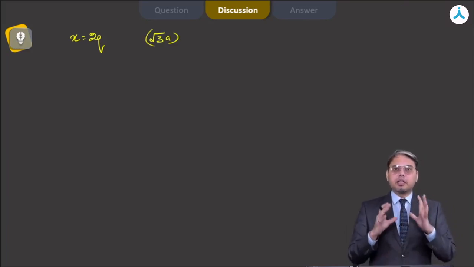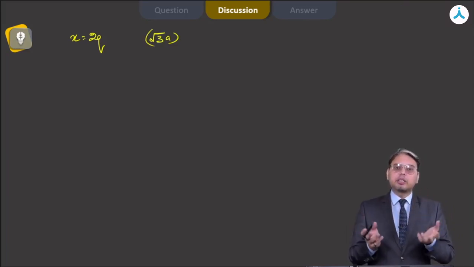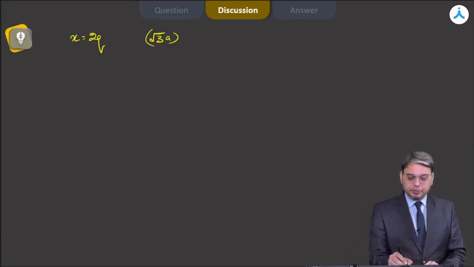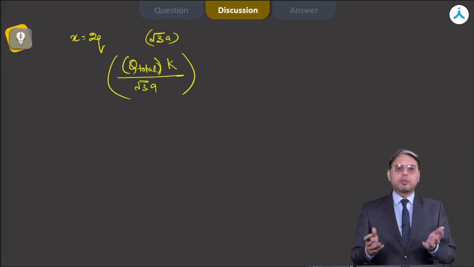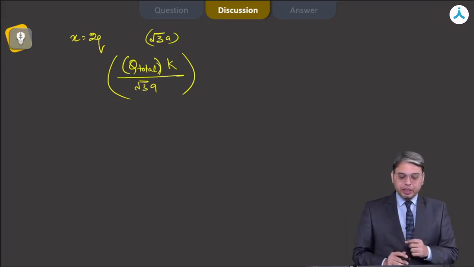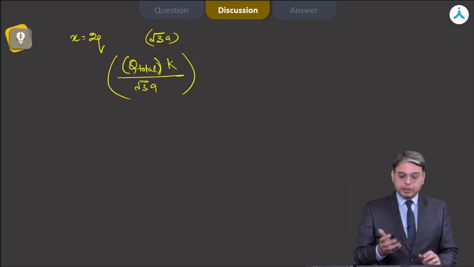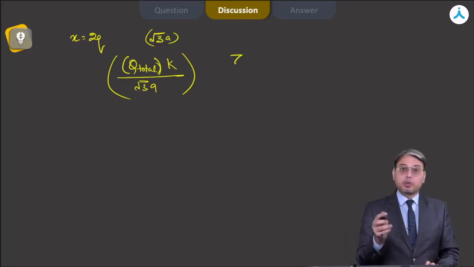So the net electric potential, which is a scalar quantity, at the center O would be the net charge, which I can say Q total, into K upon root 3a. That would give me the value of the net electric potential at the center. The Q total, that is the net charge of this whole configuration, is nothing but 7Q, for option 3 I'm talking about.